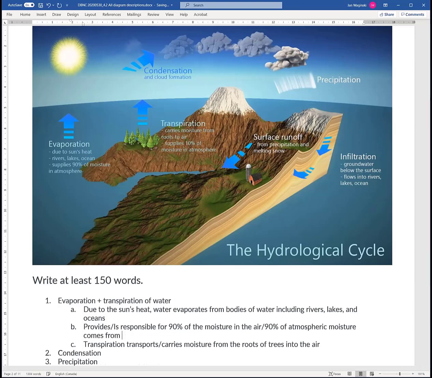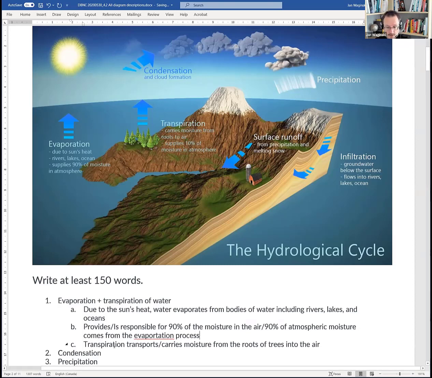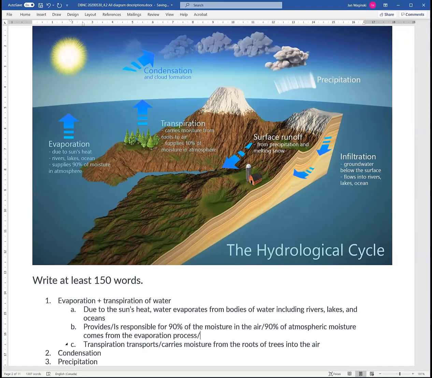So Ian, it's pronounced atmospheric. Atmospheric. Evaporation. And sorry, Dina, you were saying? I thought I would write this amount of water which is evaporating accounts for 90%. Okay, you can say evaporation accounts for 90% of atmospheric moisture.